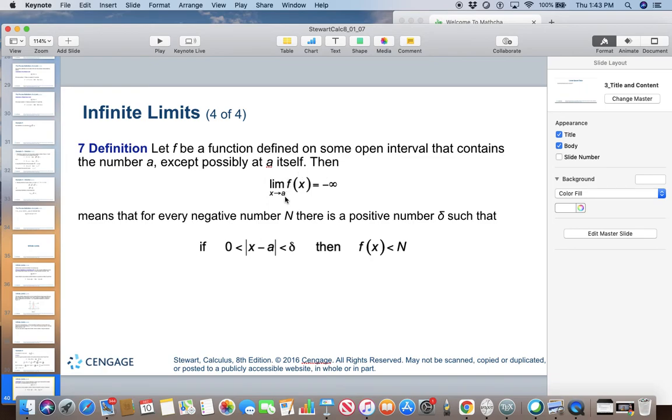Then the limit as x approaches a of f(x) is negative infinity means that for every negative number N, take any negative number N, there is a positive delta such that if the distance between x and a is less than delta and x not equal to a, that's what this phrase represents, then f(x) is less than N. Notice I'm going to negative infinity. So you give me any negative number, my f(x) can go below it. That's what this definition says.